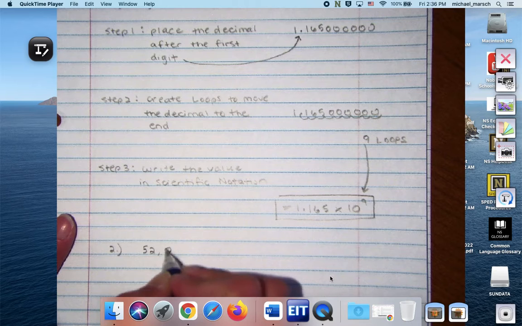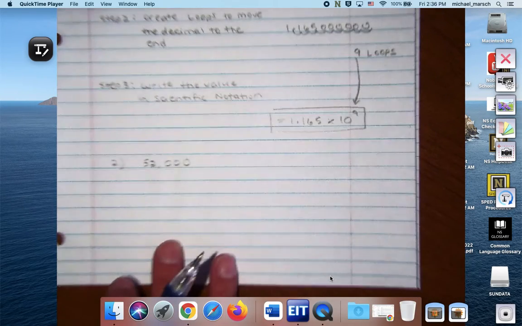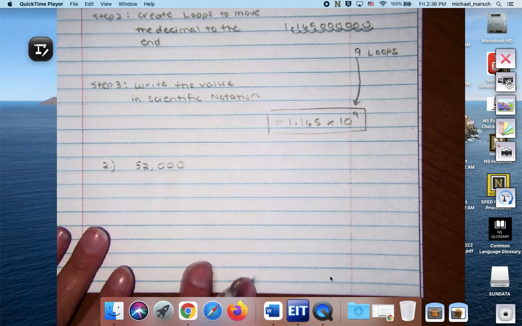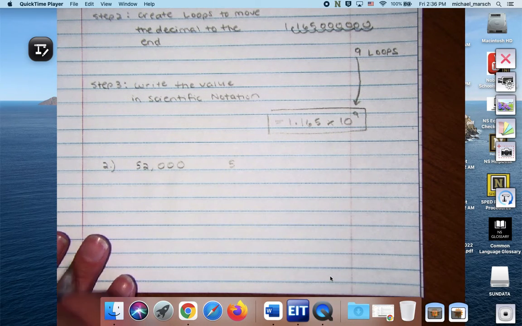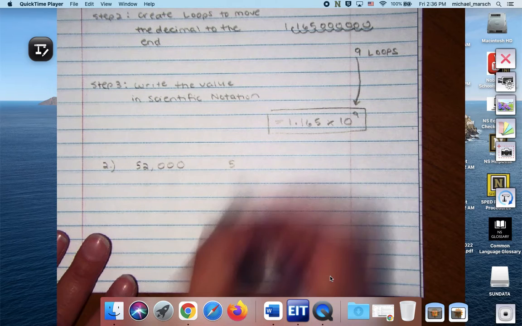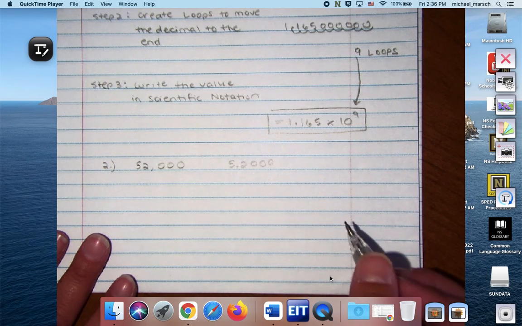Okay, so let's do the same strategy here with the number 52,000. Where's my decimal going to go? Dimitri? Is it 5 point? Yep. Right after the 5.